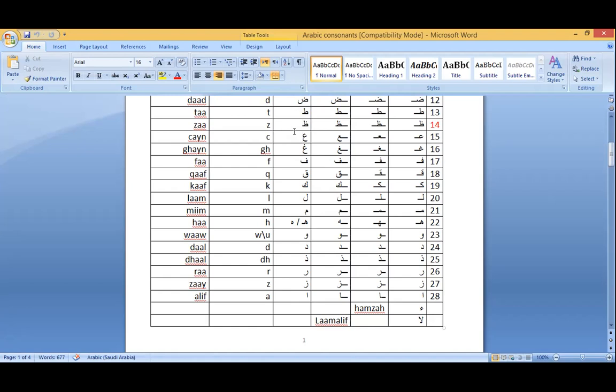Now let's see number 15. This is a. Let's see how it is written. This is how you write. You start and circle it. That's how you write. This is a. You see, it's given in Latin letters.